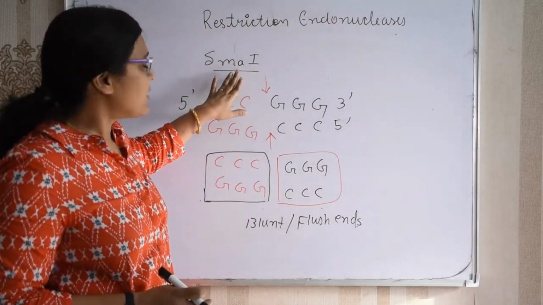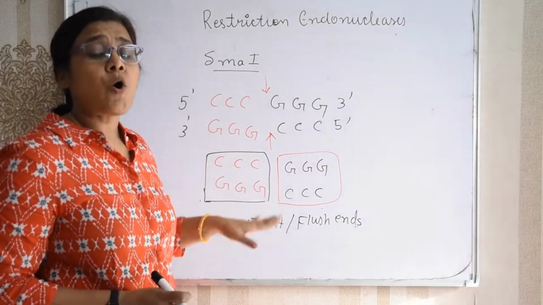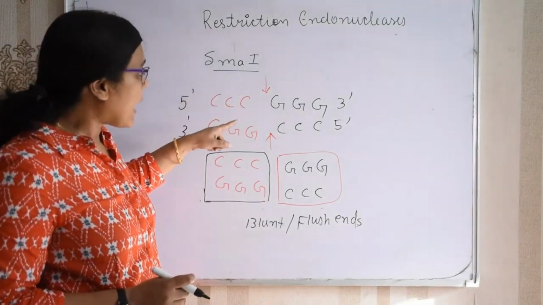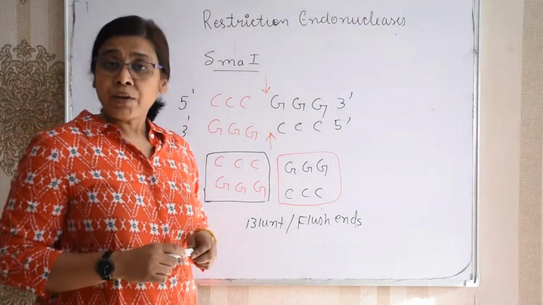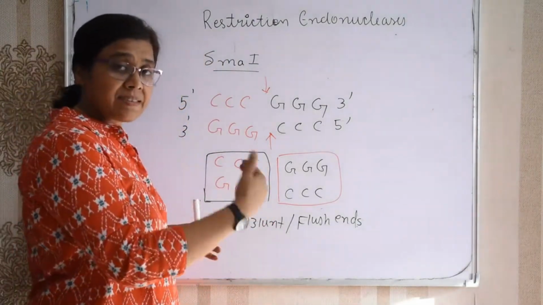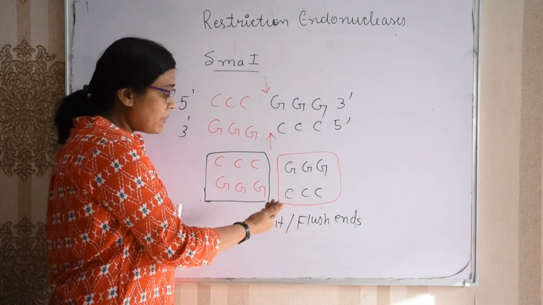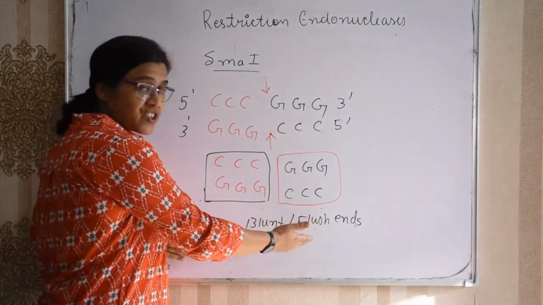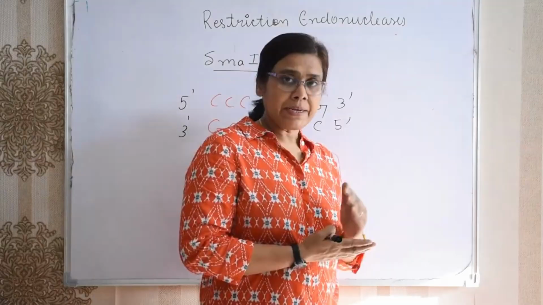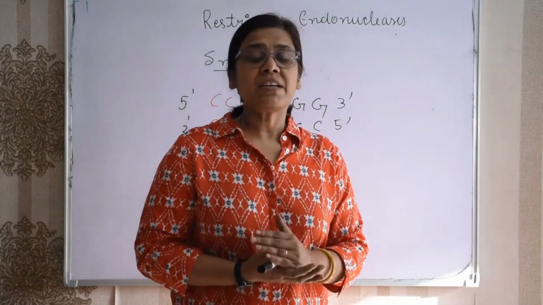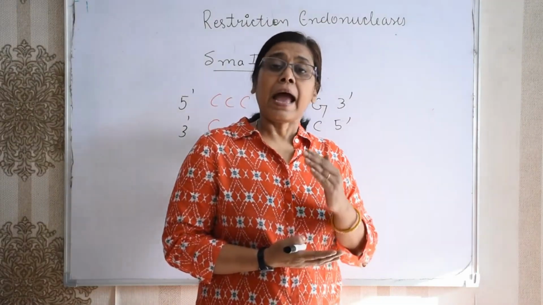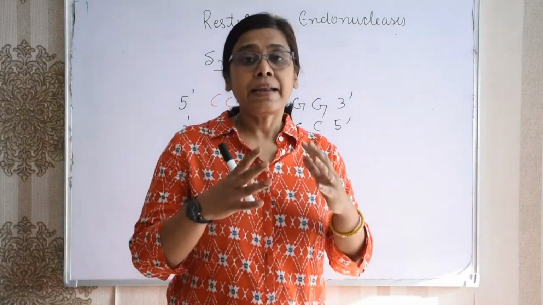The other restriction enzyme, SmaI, is obtained from Serratia marcescens. This restriction enzyme acts in the middle of the palindromic site of the DNA duplex. It splits the DNA molecule in such a way that the ends which are formed are called blunt ends or flush ends. When the DNA of a vector and the foreign DNA are cut with the same restriction enzyme, they come to possess the same sticky ends and are joined by DNA ligase.